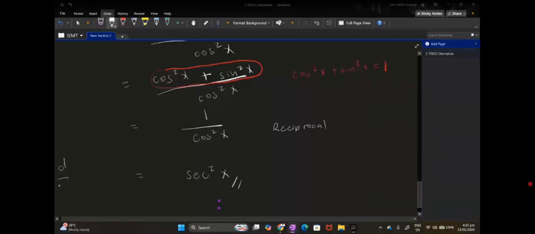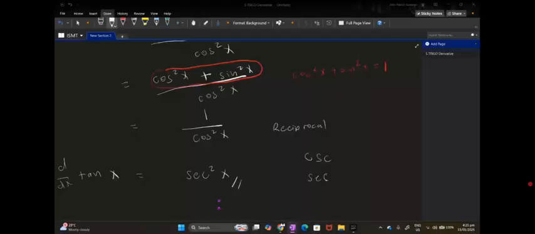Secant squared x. Always check the third letter. Tama ba? Tama, third letter. Kasi baka malito kayo sa cosecant at secant. Ang palatandaan here, always check the third letter.